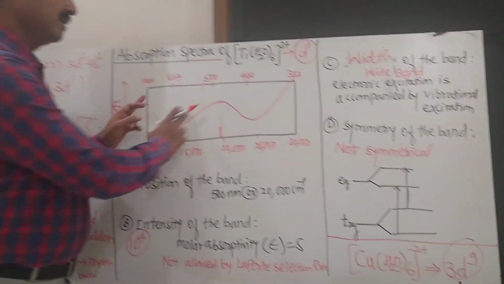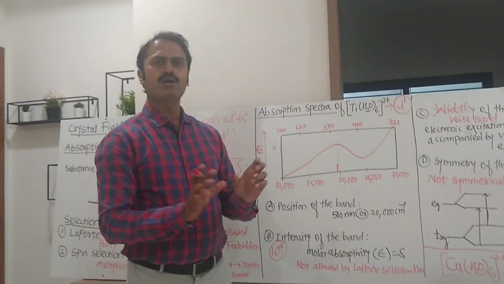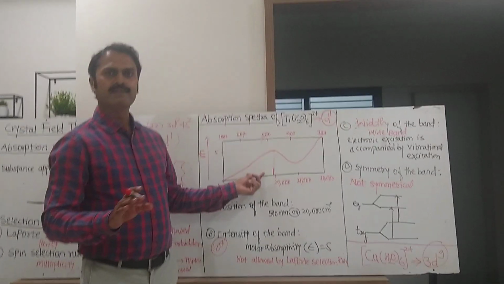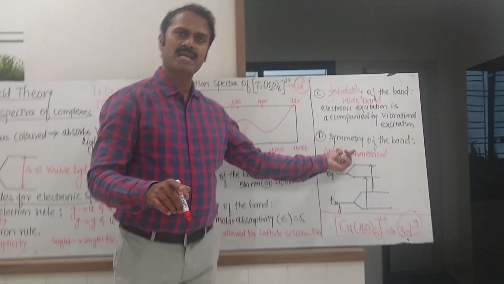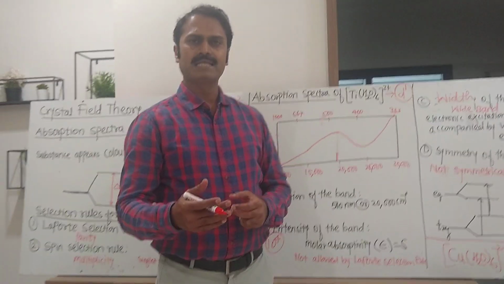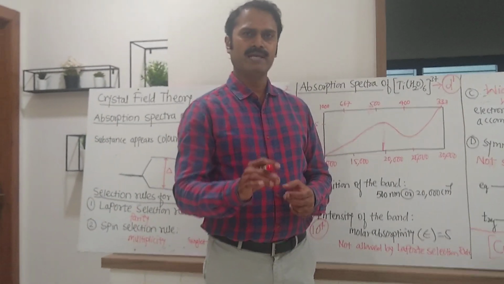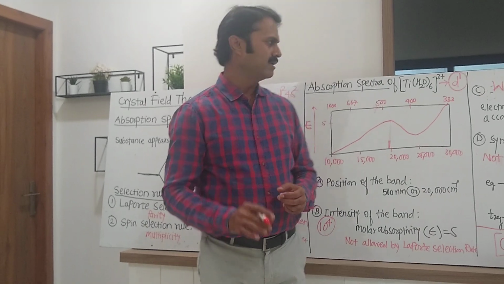Then fourth point is symmetry of the band. We can see that in this spectra, from both sides, the band is not symmetrical. This unsymmetrical nature of the band can be explained with the help of Jahn-Teller effect. In the Jahn-Teller effect, we have discussed that this effect takes place when t2g or eg orbitals are unsymmetrically filled.